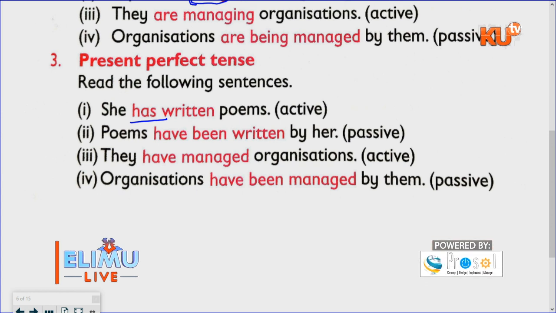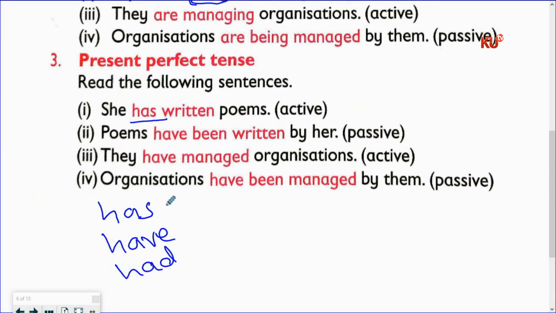When you see these helping verbs, when you see has, when you see have, and when you see had, those ones indicate perfect tense. So has, the plural is have, and the past is had.